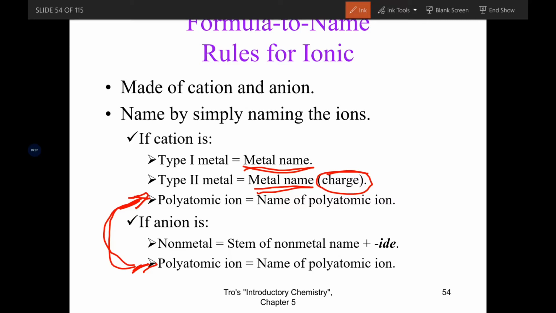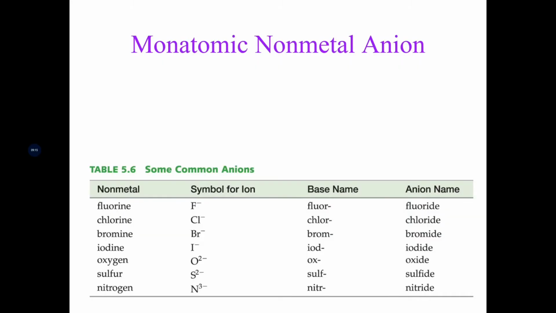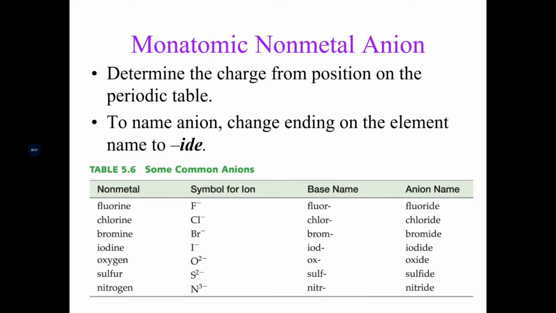When it comes to monoatomic ions, as we learned last week in our discussion of naming, we keep the stem of the name and change the ending to -ide. Those are some of the monoatomic ions that we learned about last week, just a quick reminder.